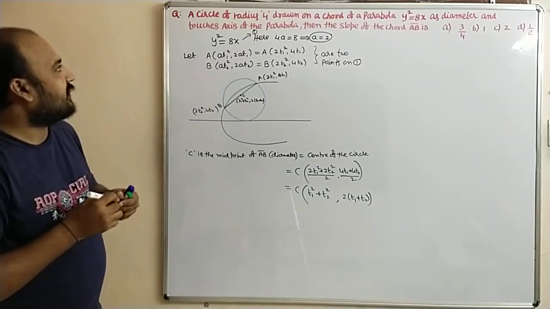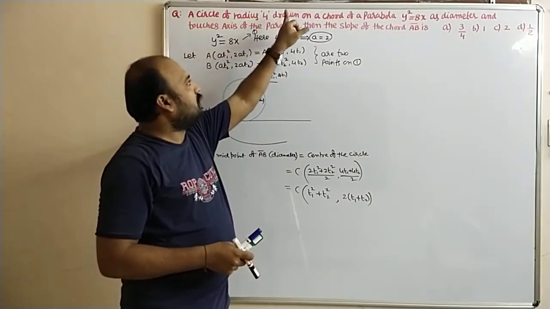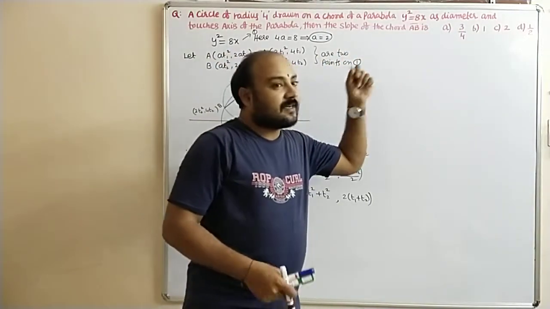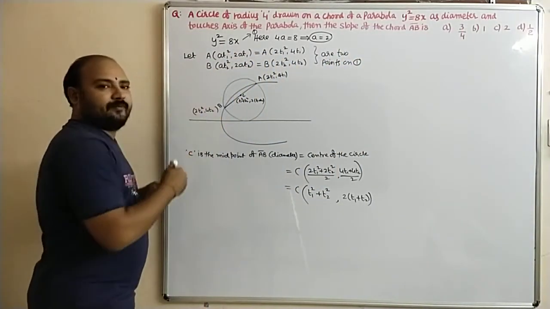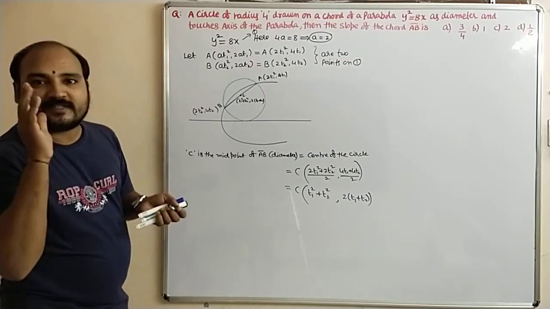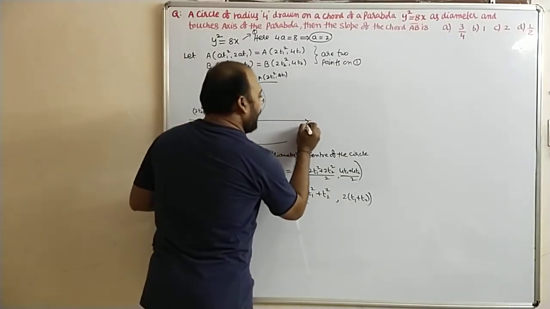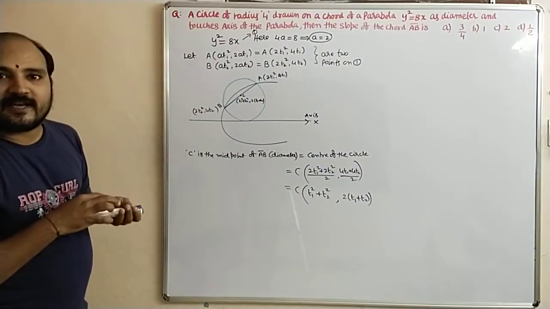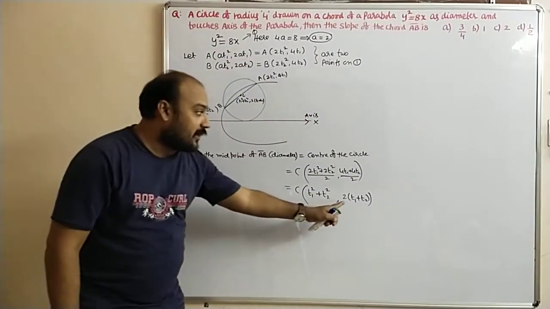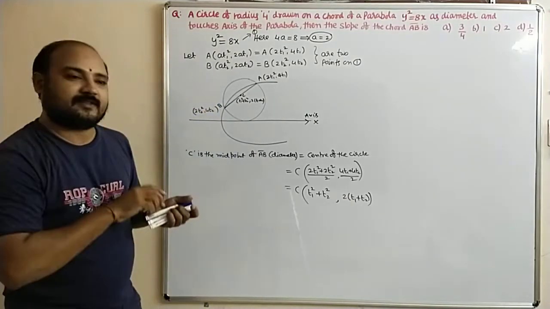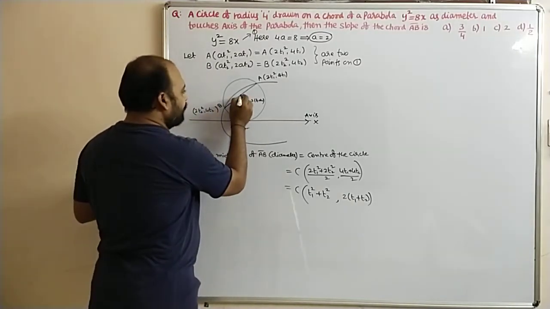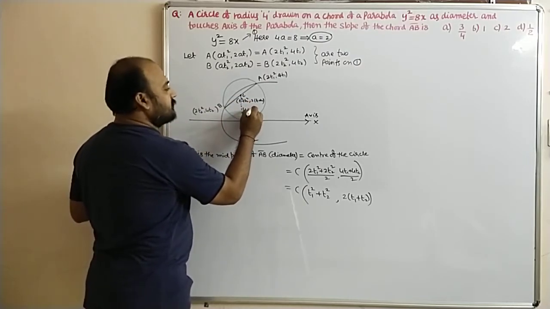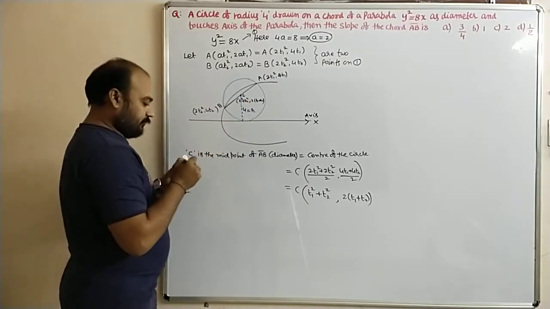And one more thing is given here: a circle of radius 4 drawn on the chord AB of the parabola as a diameter. Here we already saw that whenever the circle touches the x-axis, here the axis of the parabola means the x-axis, the y coordinate of the center is equal to the radius. You remember that?